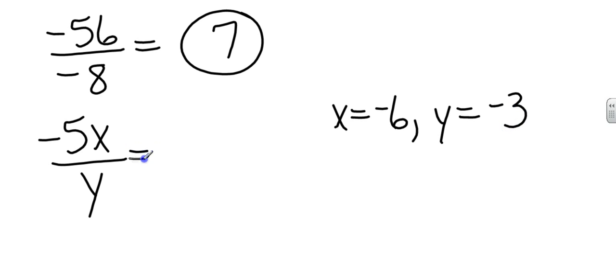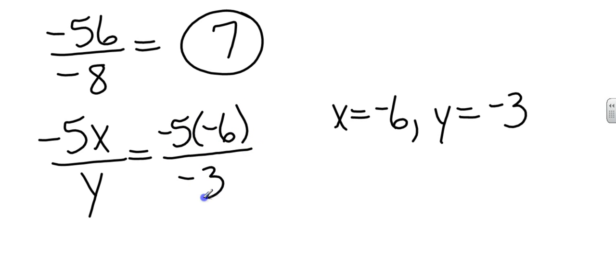So this is going to give me negative 5 times negative 6 all over negative 3. Now, PEMDAS tells me I got to do my parentheses first.